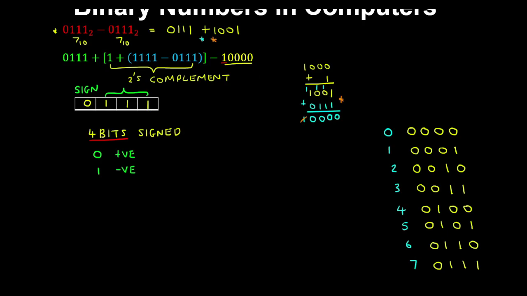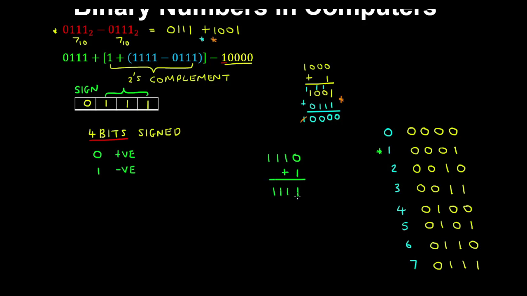And now to represent the negative numbers, we take the 2's complement of each of these numbers. So for negative 1, we flip the bits to get the 1's complement, and adding 1 gives the 2's complement.